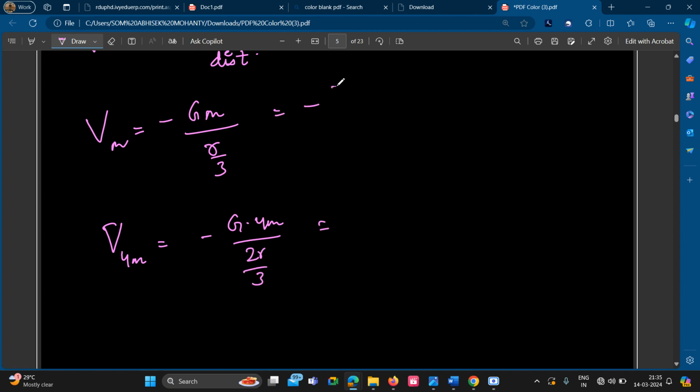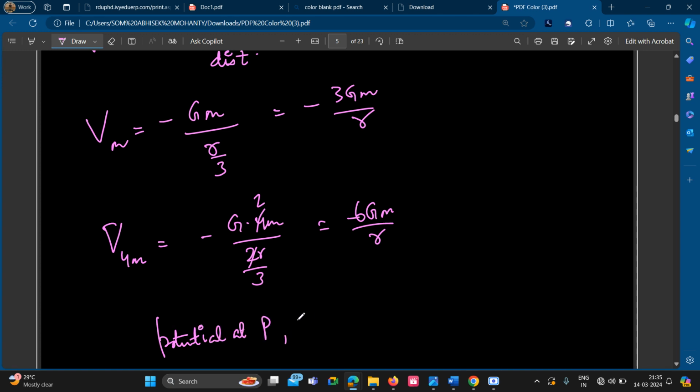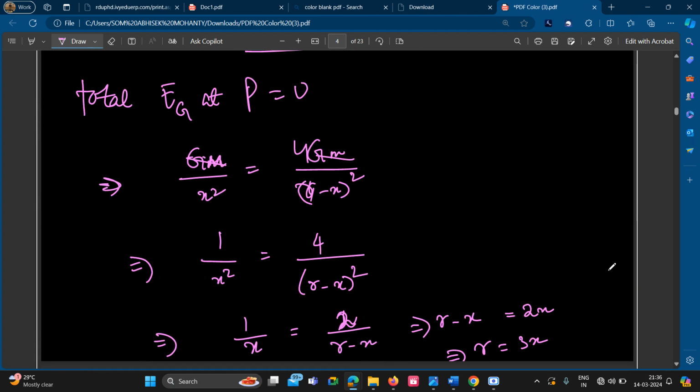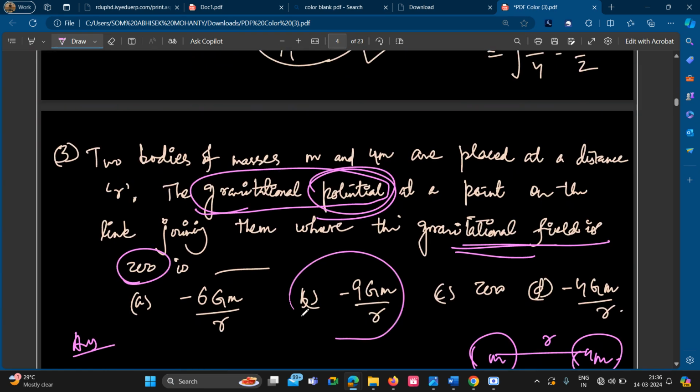The 2 cancels out, 3 goes up, so minus 6 GM by R. Okay, so we have to find the total potential at P. V is equal to minus 3 GM by R minus 6 GM by R. We'll just add them, minus will remain minus, so that will be minus 9 GM by R. Okay, that will be the answer, minus 9 GM by R. Yeah, this one.